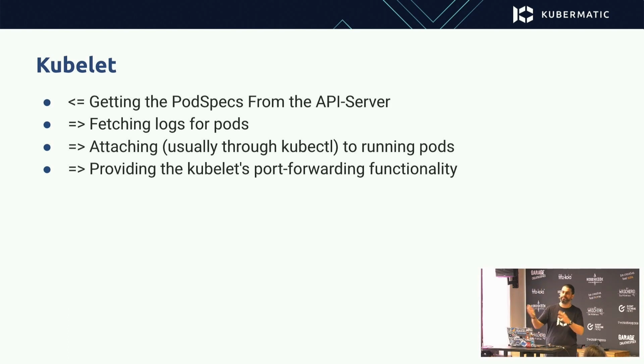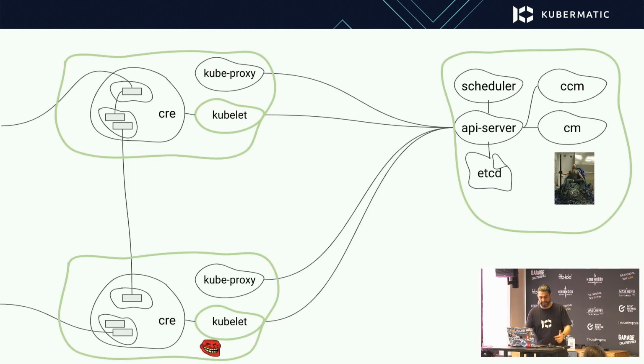So there is some communication between these, and it should be protected somehow. We should make sure that only kube API server is communicating with kubelet, but no one else.